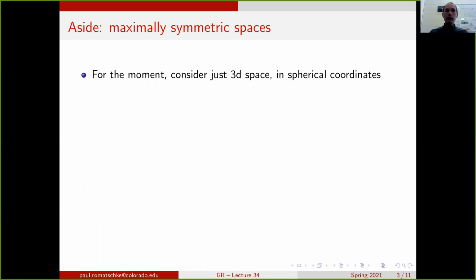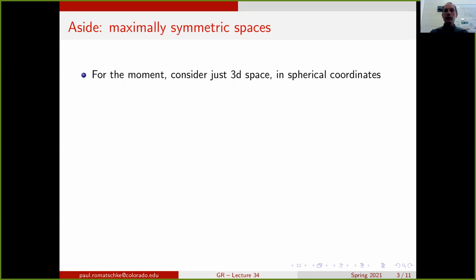In order to discuss this in full generality, it turns out that I will have to discuss an aside, which is purely spatial properties of geometries that are maximally symmetric.